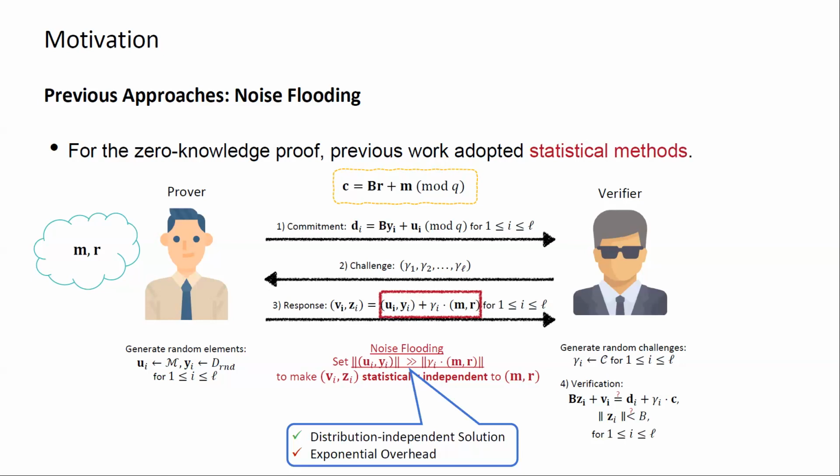So this method is very simple and strong, right? But the fundamental drawback of this method is that it inherently accompanies an exponential overhead.